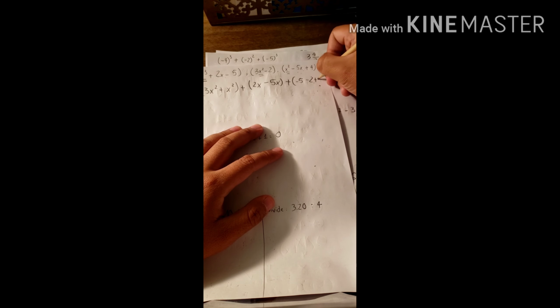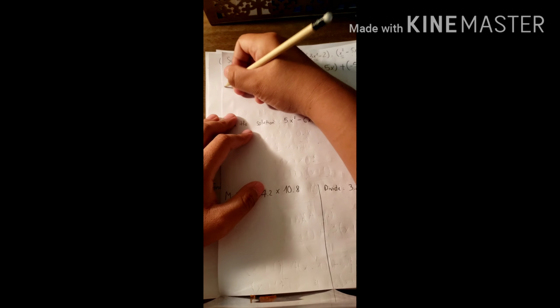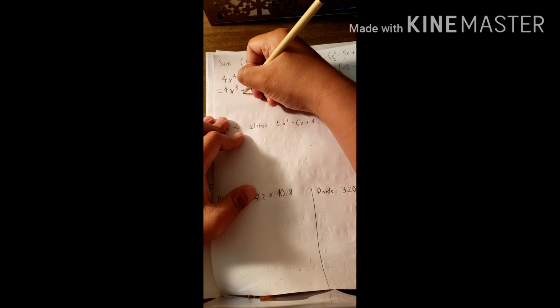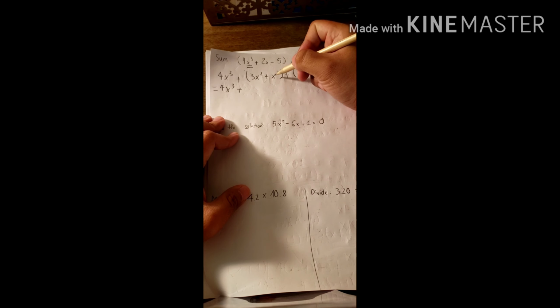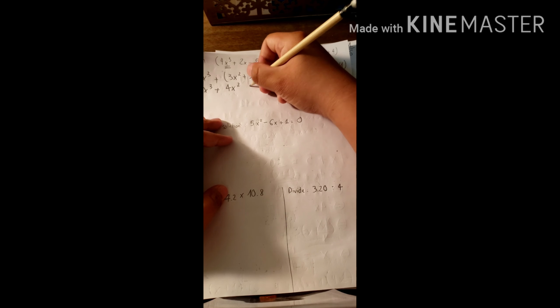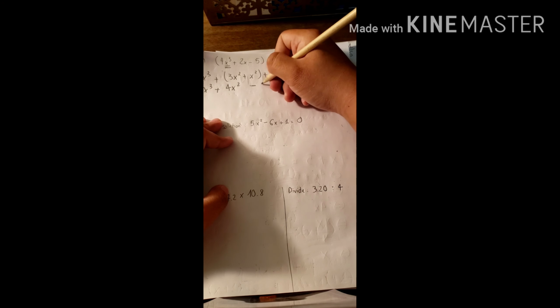So we just sum together. 4s power 3 in here. We have 3 and the 1 in here, so this is 4s power 2. And we have number 2 and the minus 5, but 2 and minus 5 creates minus 3, that is minus 3s.